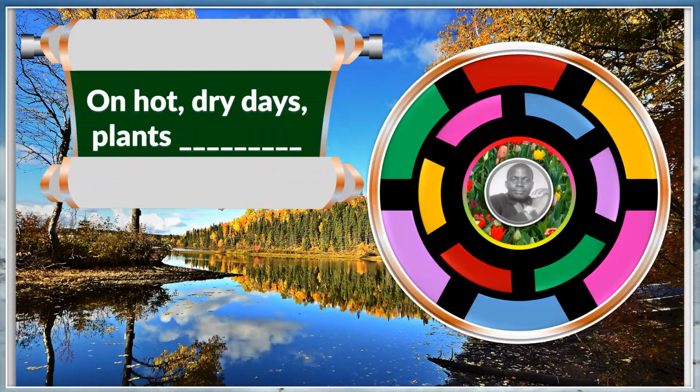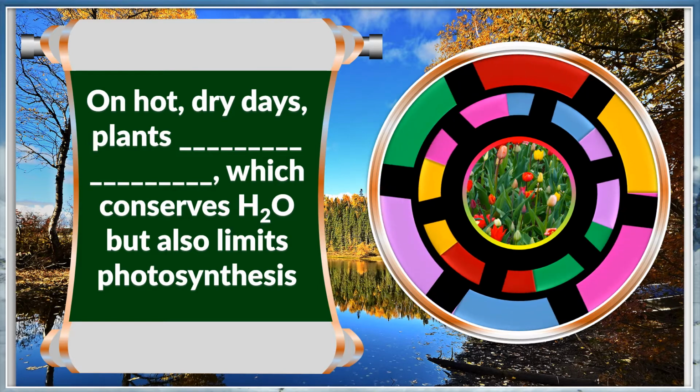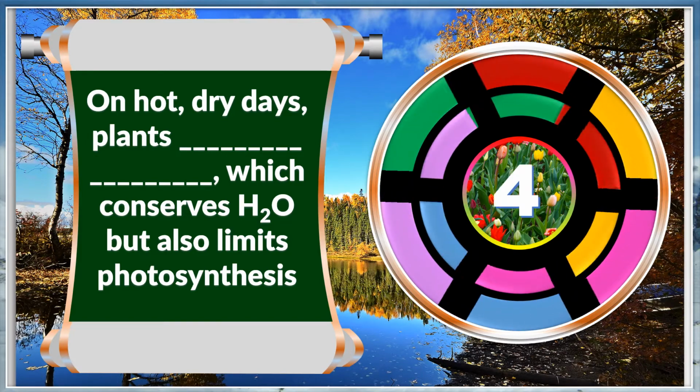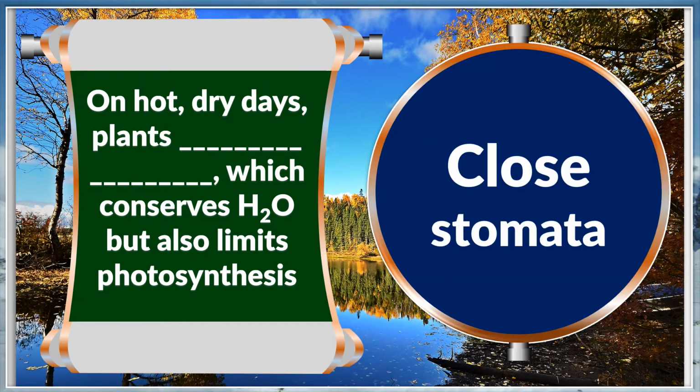On a hot, dry day, plants dash, which conserves water but also limits photosynthesis. Close stomata.